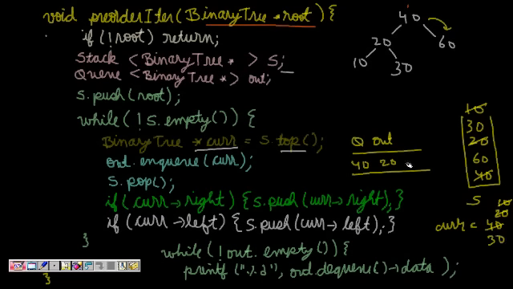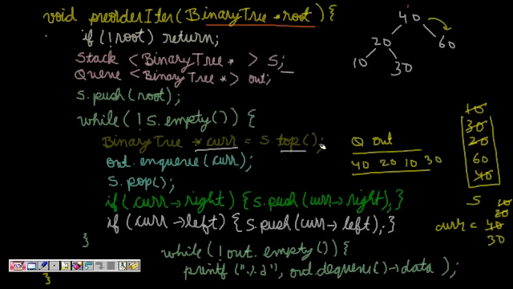So 30 is enqueued in the queue, and then it is popped out here, and its right and left child are null, so nothing is pushed onto the stack.